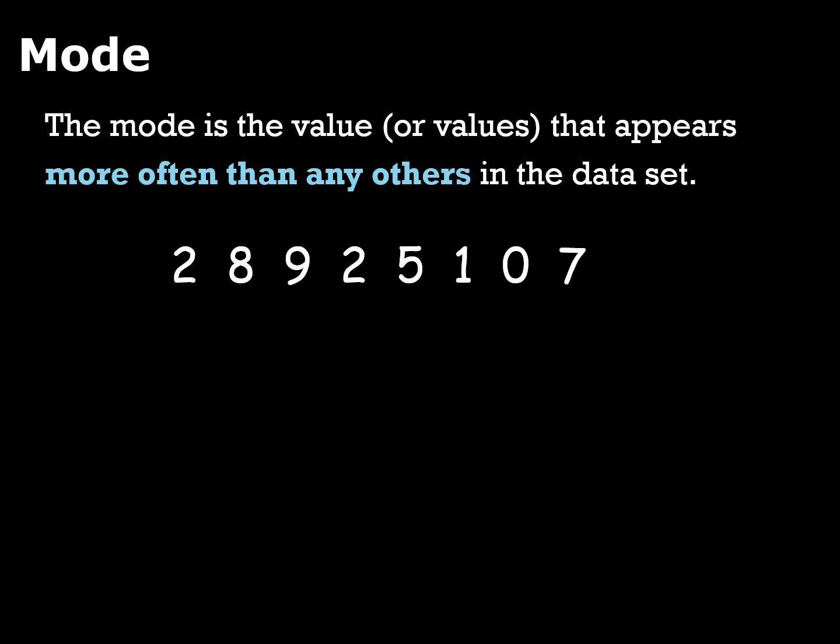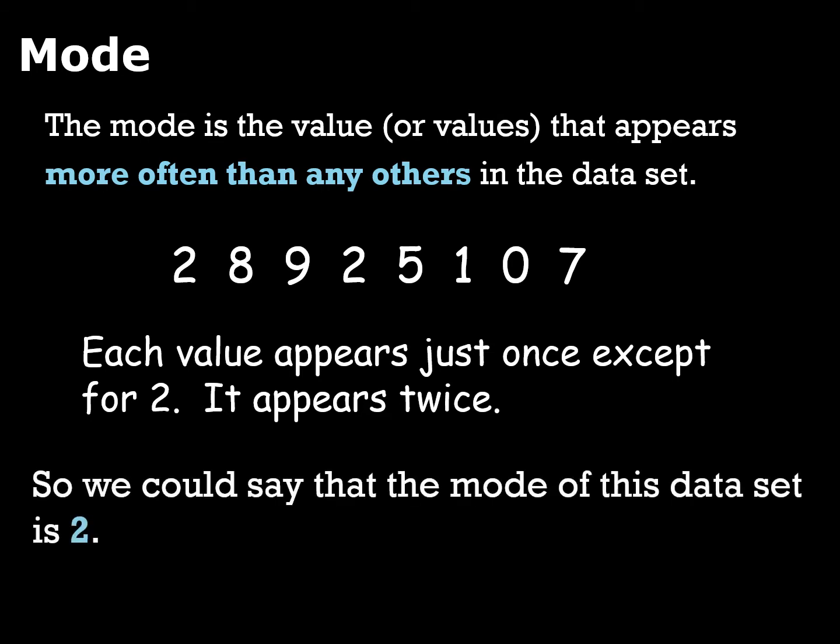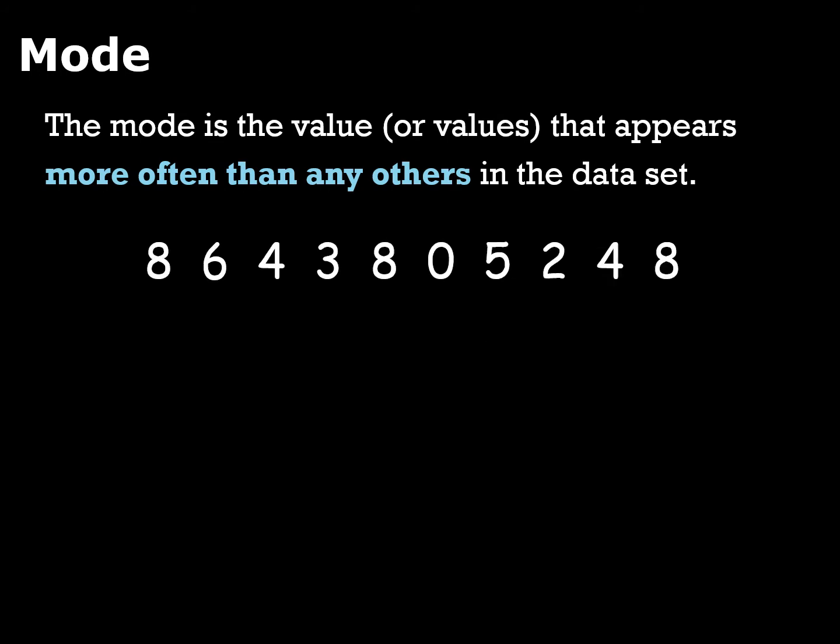Here's another one though. If we look here, we see that there are 2 2s, and everything else seems to appear just once. So we would say that since 2 appears more often than the others, it would be our mode. The mode of this data set is 2. Here's another one.